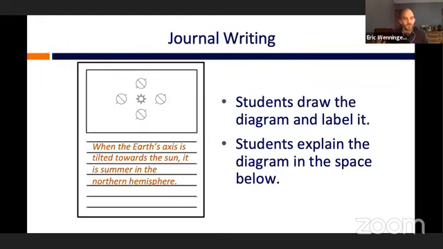Students can draw their diagram, they can label it if they want, and then I have them write out a description of the different positions and why we have the seasons. Again, this is something you could model with students, but by the time it's time to assess, you just give them that paper and have them write it out, and then you can collect it, and it makes a quick and easy assessment. And it's really linked to all of the classroom activities that you've done.